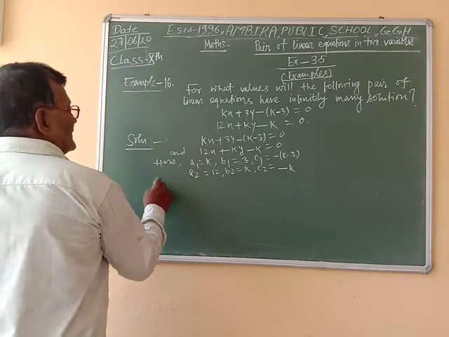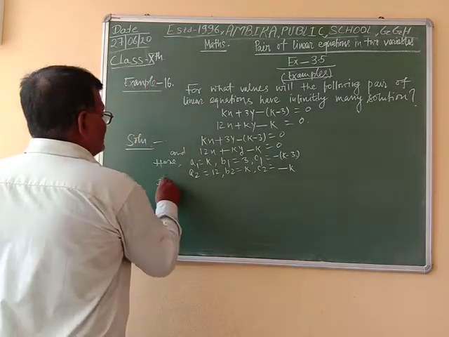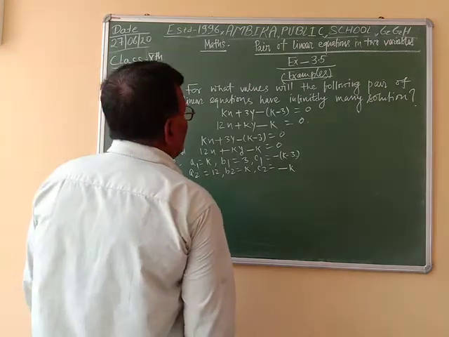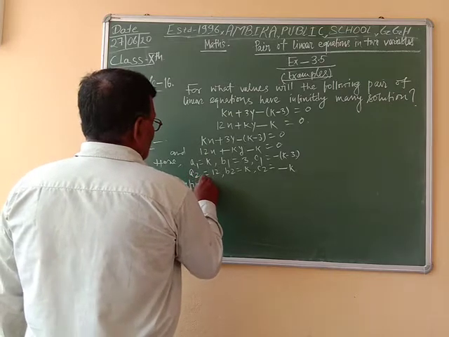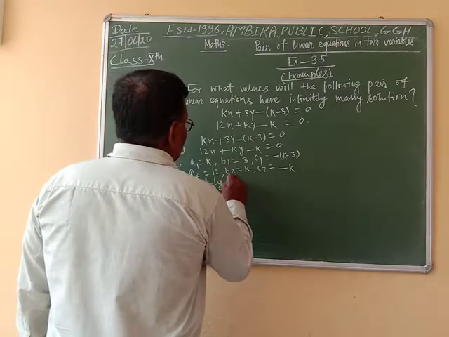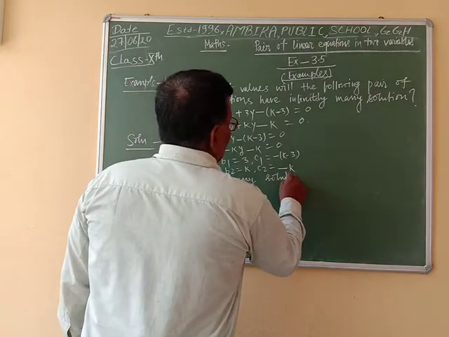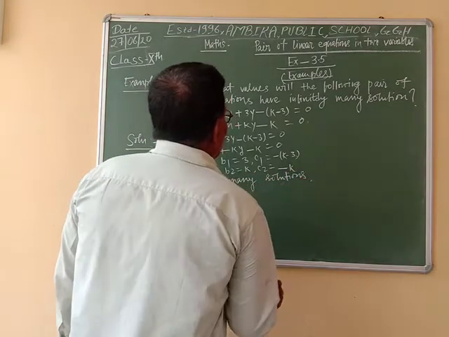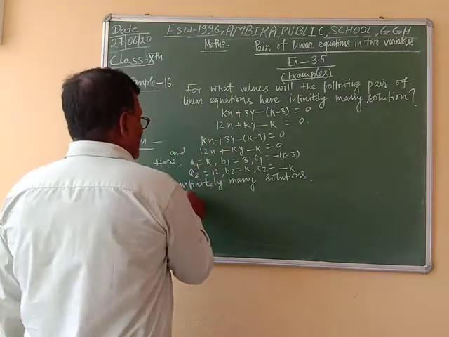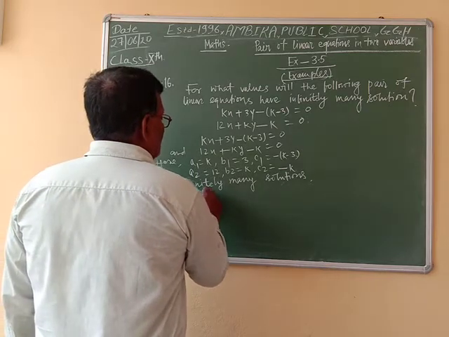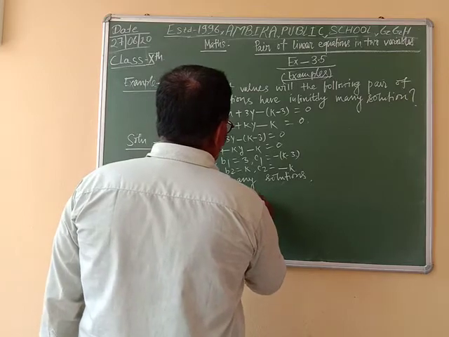Here, for infinitely many solutions, a1 by a2 is equal to b1 by b2 is equal to c1 by c2.